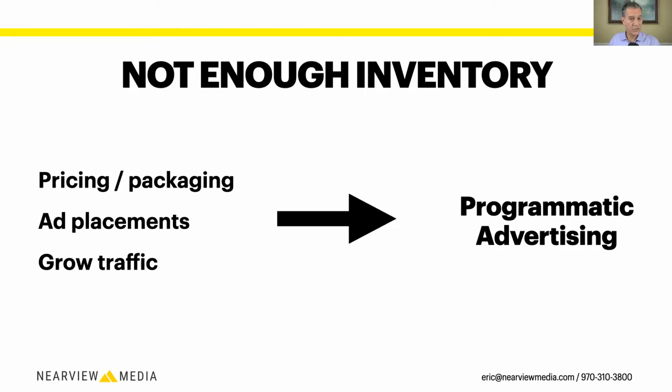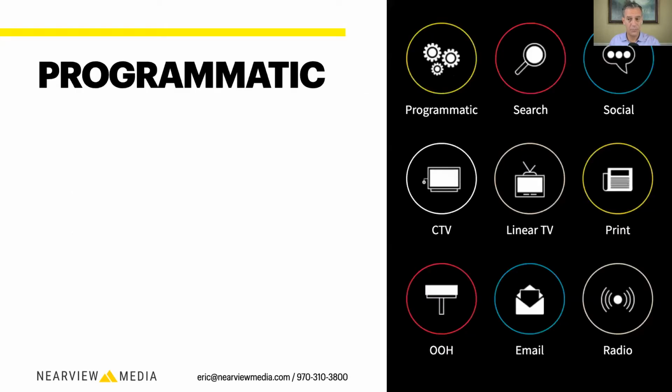And that's not necessarily a bad thing. As a matter of fact, I've worked with several publishers who are doing really well in the programmatic space. But there are some challenges when it comes to just selling programmatic on its own.